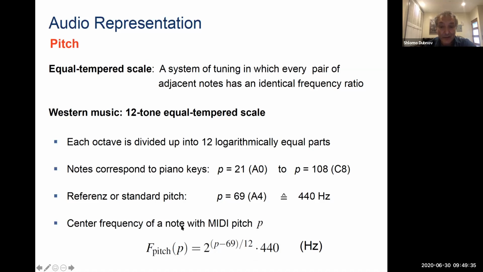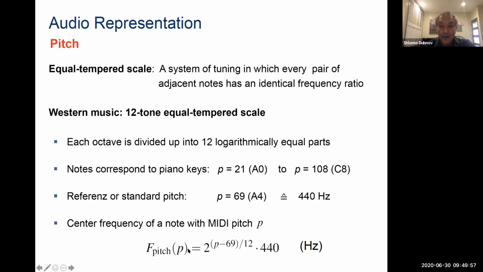Now, it might look a little strange, but it's really very simple. What it tells you is, if we take the 69 as our 440, so if we put here 69, this is 0, what we get is that the pitch in hertz of note number 69 is 440.